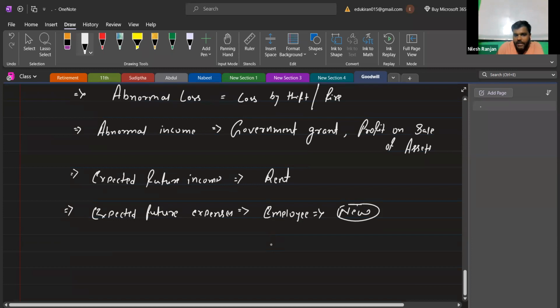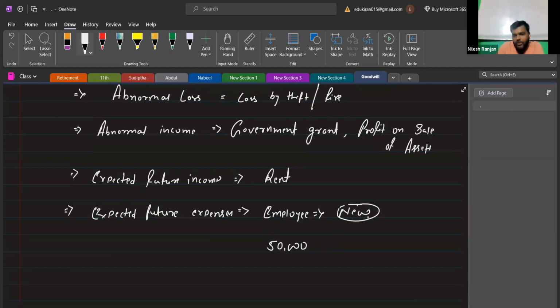Let's say we are paying 50,000 up to the current year, and now the new employee's salary is 10,000 per year. So from the next year, our expenses will be 60,000 per year. Yes or no? Yes, sir. So we will increase 10,000.